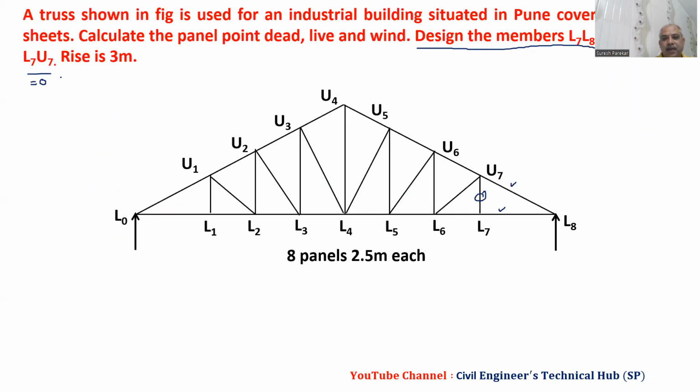Now in this L8 U7 we have a compression member. So we know we have to go to table 9A B C D, and now we will go with 9A B C D. Length of member: you can see this member U7 L8, and this member has a length of 2.61 meter.